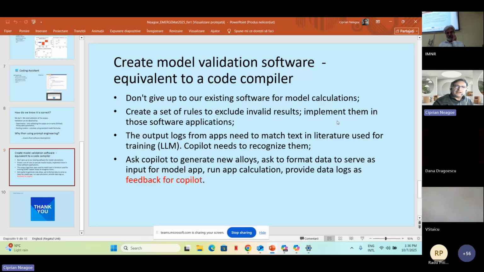You ask Copilot about a validation rule, and then in the software that you made for the model calculations, you provide logs that are understandable for it. And it will then go to the next strategy.